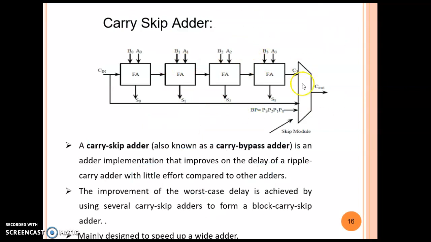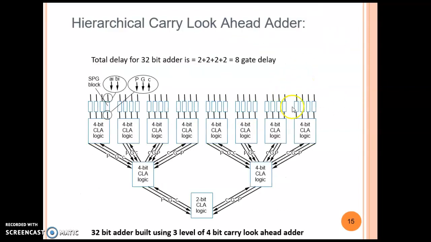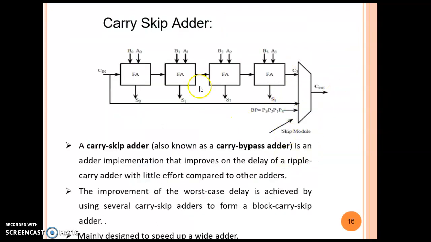Now, carry skip adder. Here, what is happening is that if the carry is generated, with the help of this, what we are doing is taking the Cin bit, which is nothing but an input carry. This is a 4-bit adder.